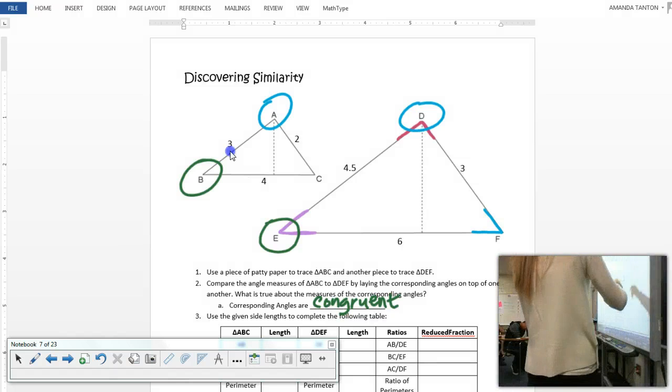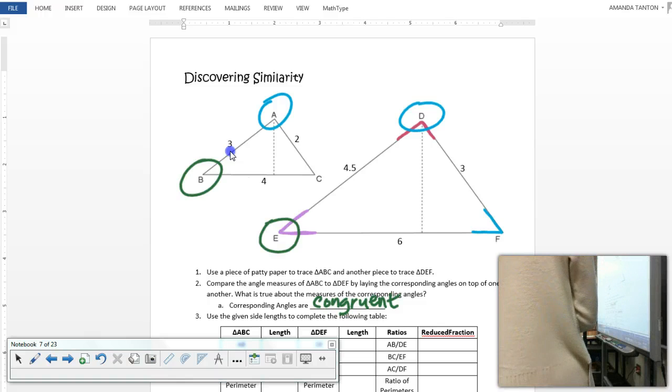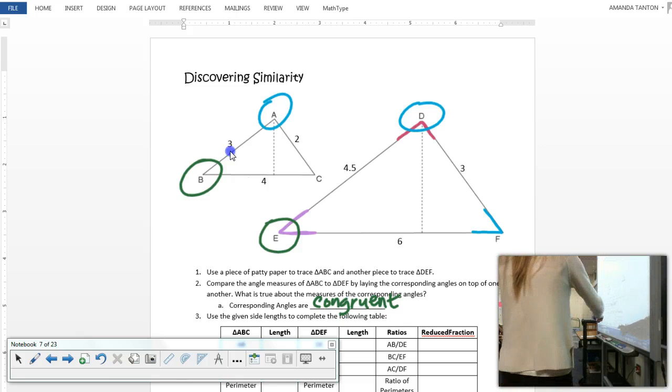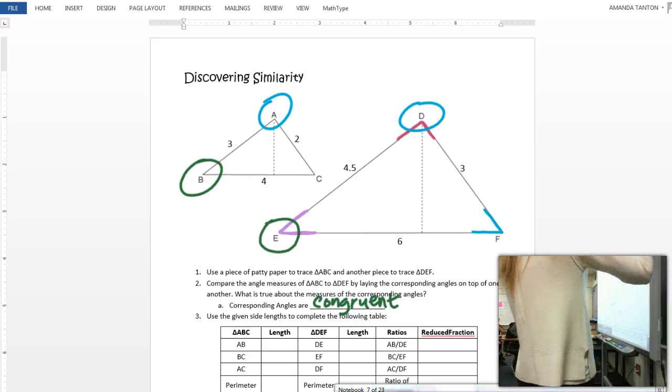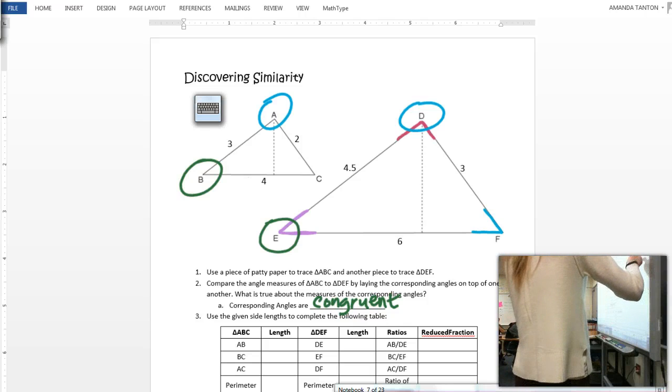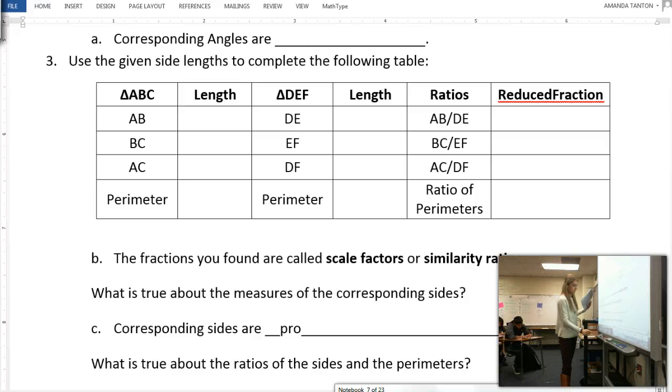All right, so what does it say to do next? Use the given side lengths to complete the table. So go ahead and start completing the table on your own. Okay, so we've got 3, 4, 2.